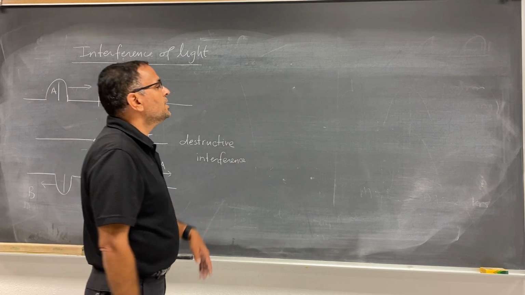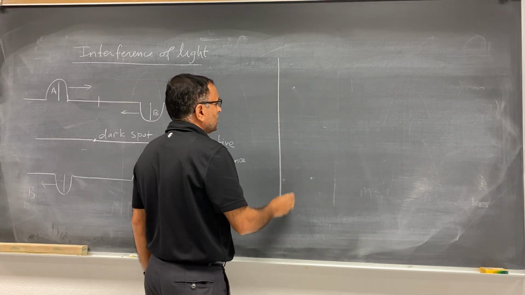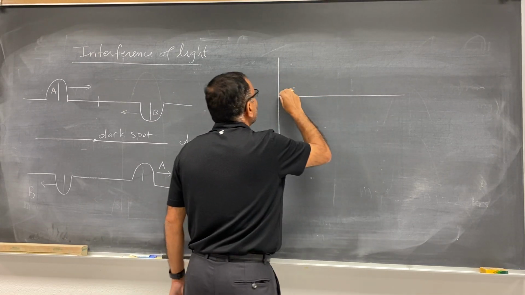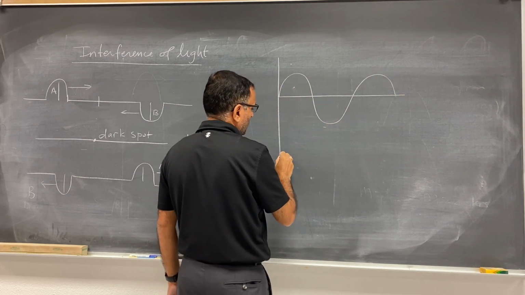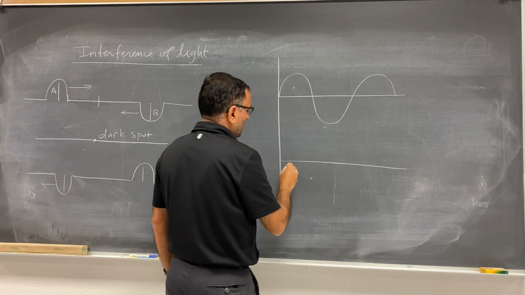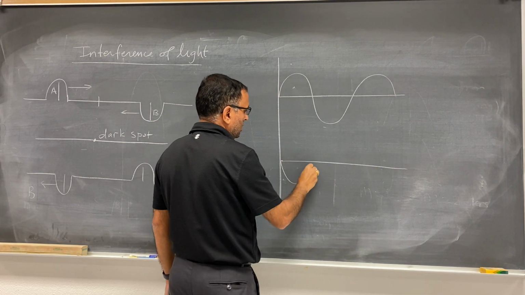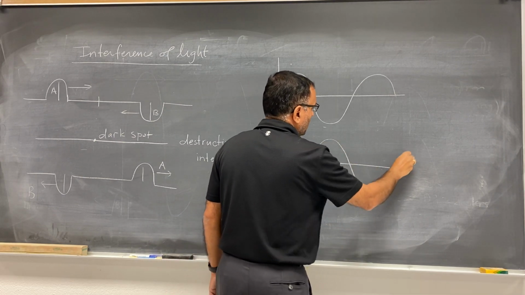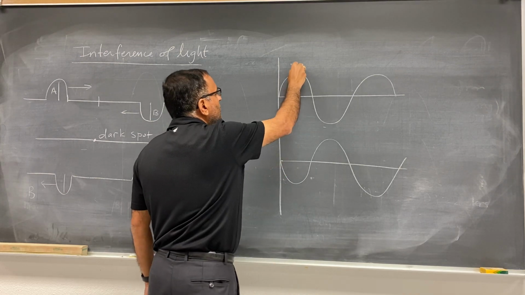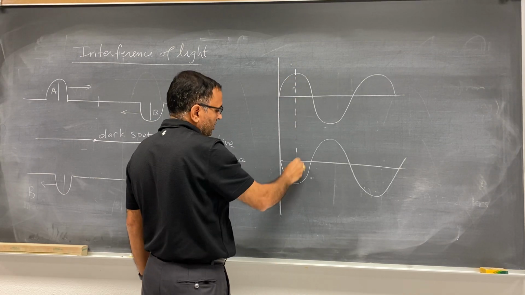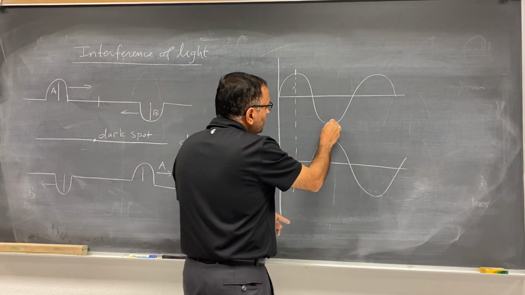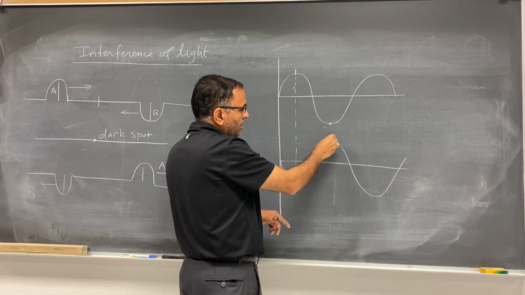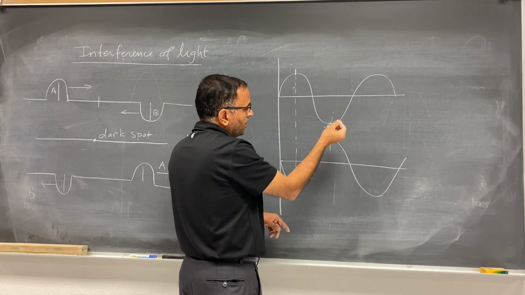If you want to draw a different diagram, like this. Now look at this. This is a crest, crest falls on the trough. And here this trough falls on the crest.